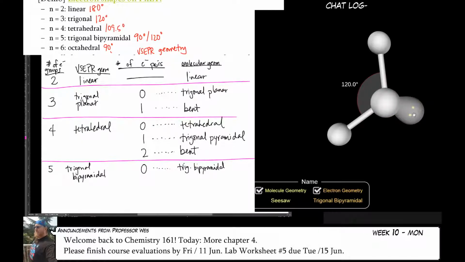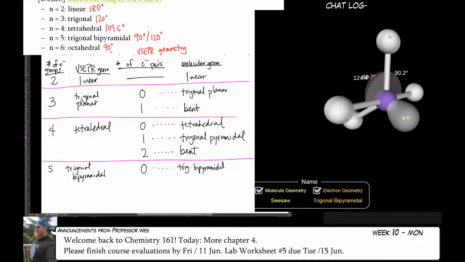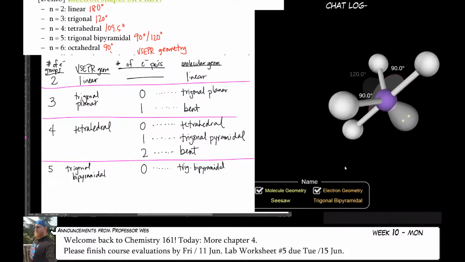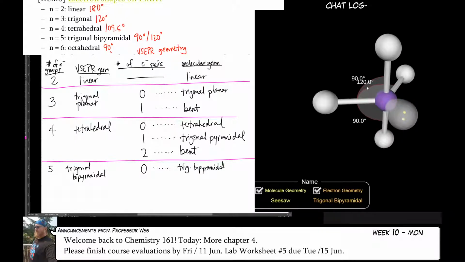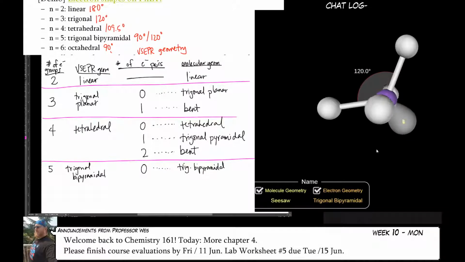Electrons repel just as much as bonds do, despite their tiny, tiny size. Because they're more localized, they repel extremely effectively. And so they want to go in the spot where they are the furthest away from everything else. And so that's on the triangle, because 120-degree angles are present.